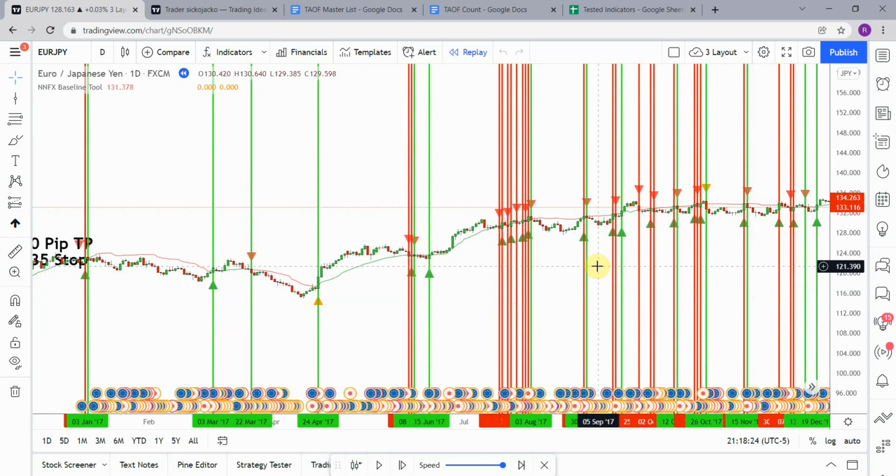So 39 trades altogether, 39 signals. And we have 14 winners. So that is not going to meet the 60% criteria.